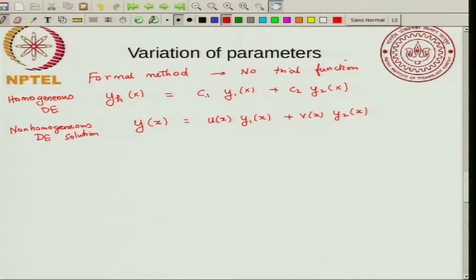So instead of C1 and C2 being constants, you replace them by some function u and some function v. Again, once you do this, you have to calculate what u and v are.